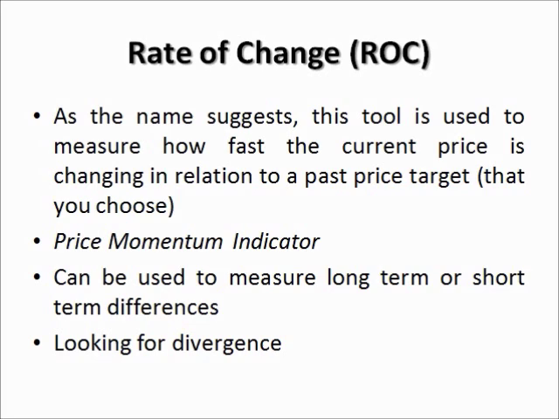This is a price momentum indicator, not volume, and it can be used to measure long or short-term differences in price. Again, it all depends on the price target that you choose. And remember, what you're looking for here is divergence, as in if the price is going down but the rate of change slope is going up. That's what it's all about, finding divergence.